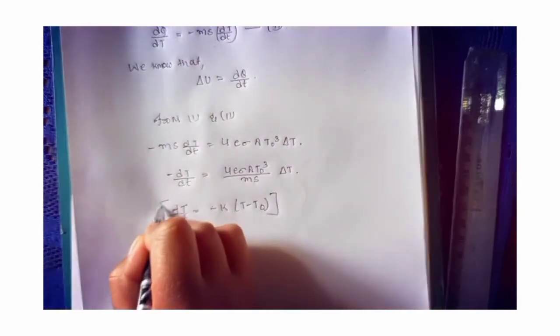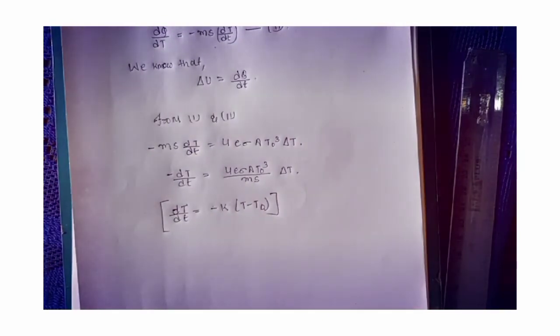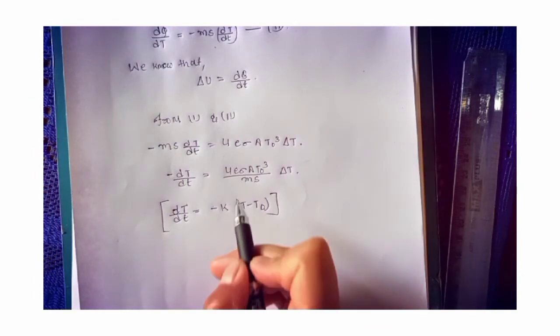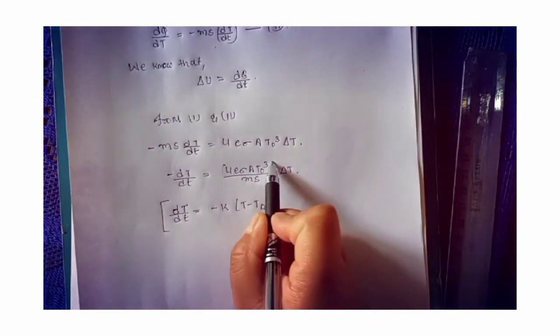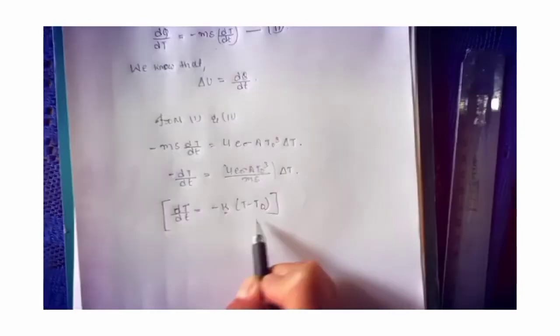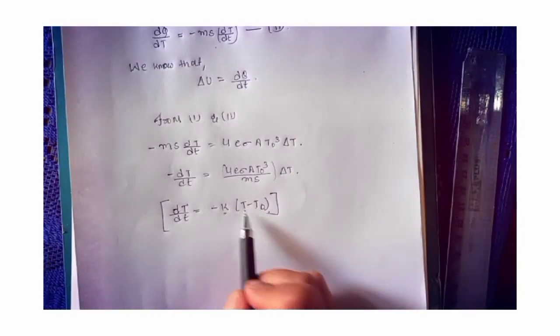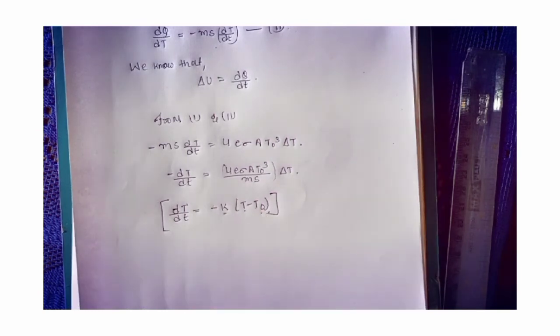Hence, Newton's law of cooling is proved using the Stefan-Boltzmann law. Here this term is nothing but the constant k, and T minus T naught is the difference of temperature of the body and the surrounding temperature.